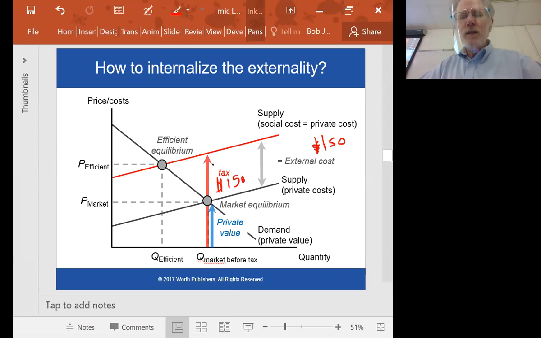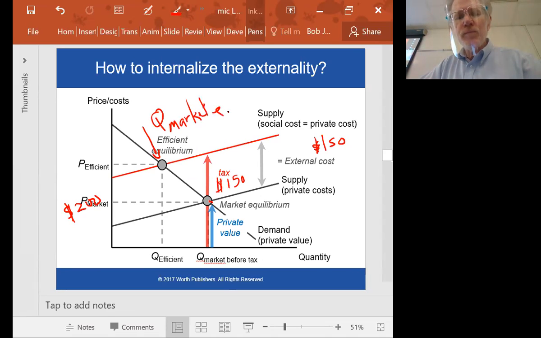And when the supply curve shifts up, then that means that this low price here is no longer, I think that was 200. That's no longer an equilibrium, okay? Because now the supply curve is up here, the demand curve is here. This is not only the efficient outcome, but this is going to be the market equilibrium.